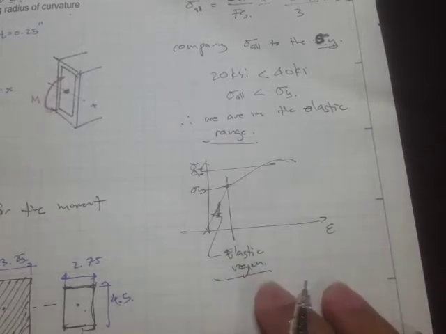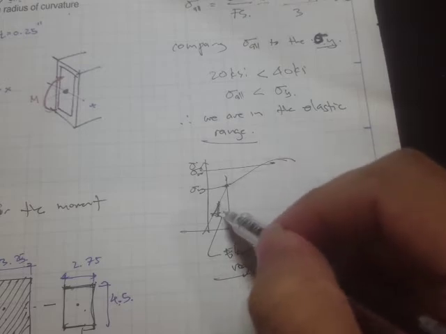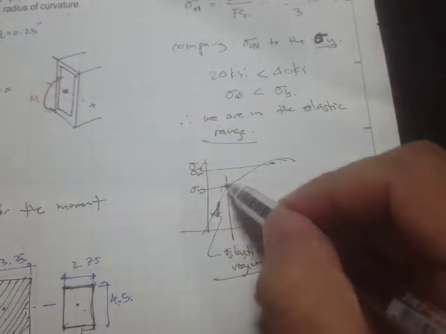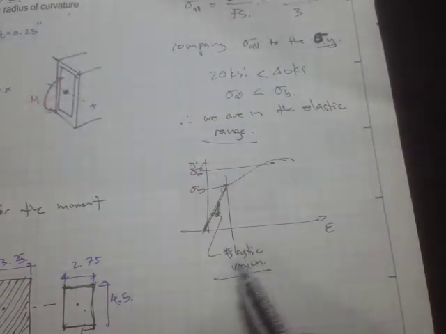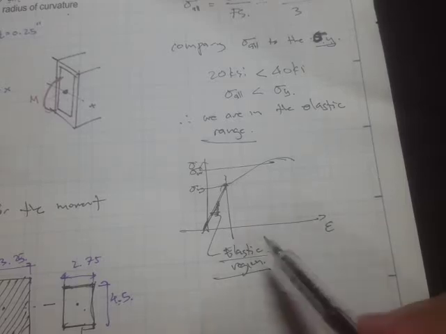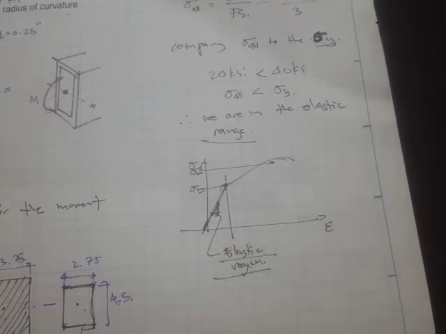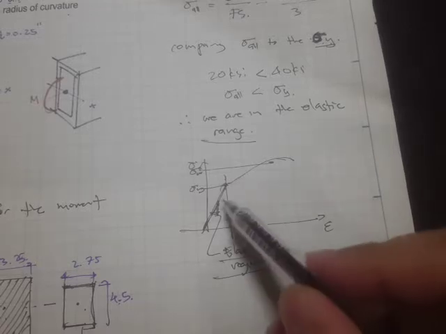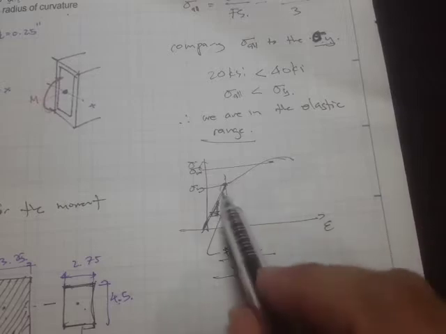That means we can apply the formula because the formulas were derived for this region. And when we say elastic, it simply means that the material goes back to its original shape once the load is removed. Okay, so that's the region.